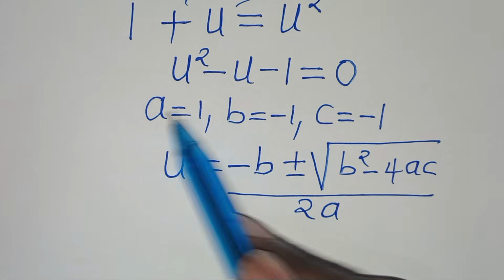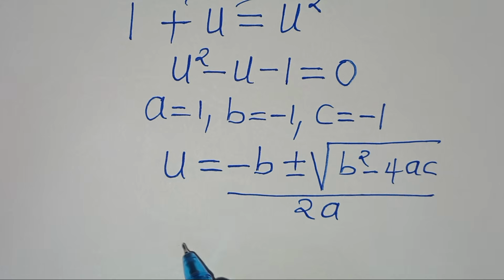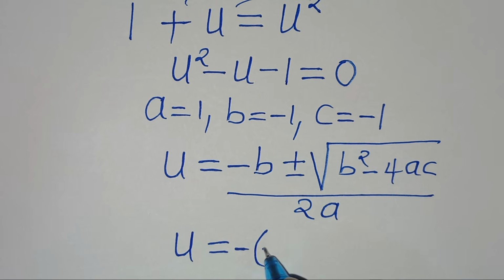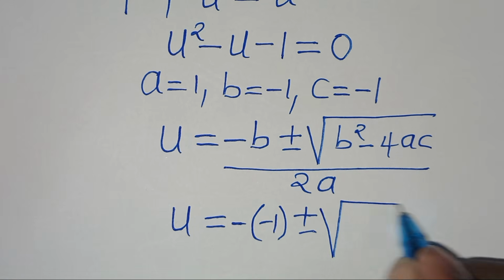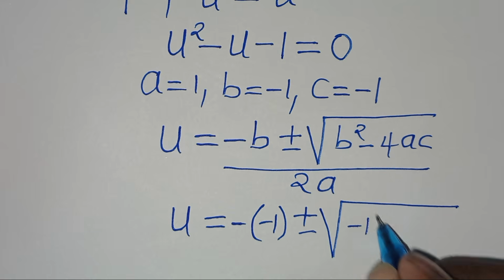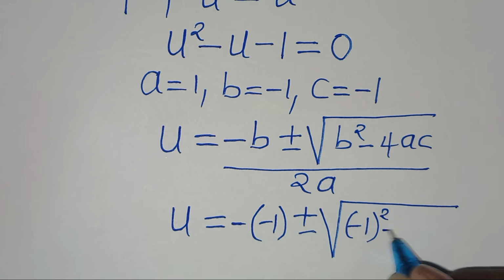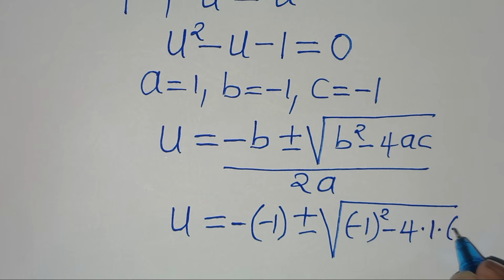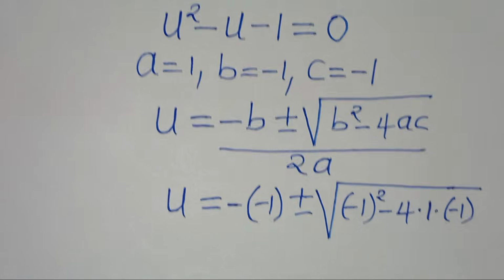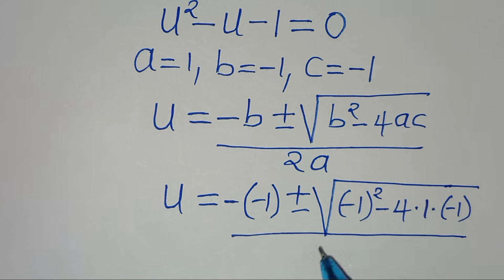So let's substitute a, b, and c in this formula so that u is equal to negative times negative 1 plus or minus the square root of negative 1 raised to the power of 2 minus 4 times a, which is 1, then times c, which is negative 1. This is divided by 2 times 1.